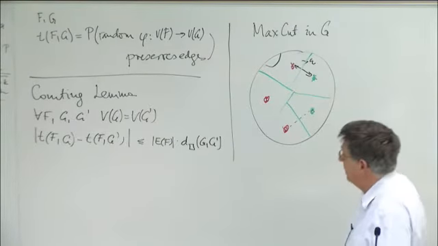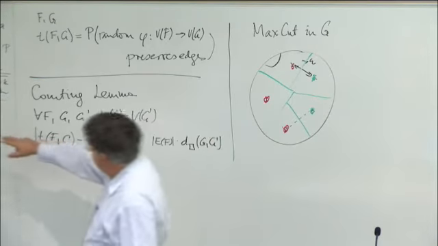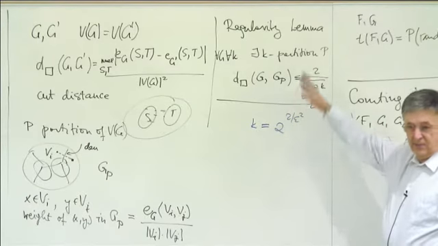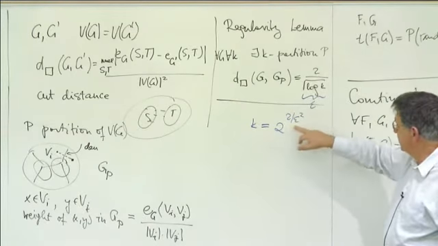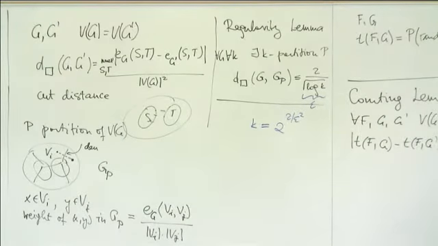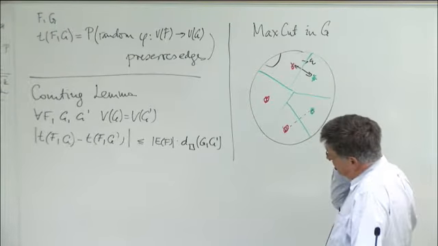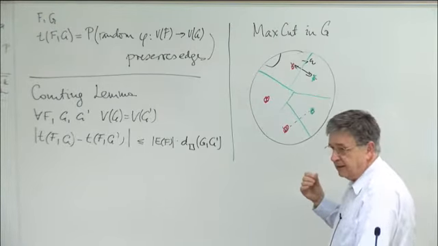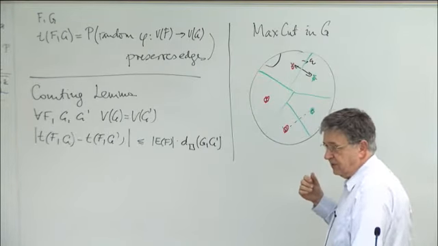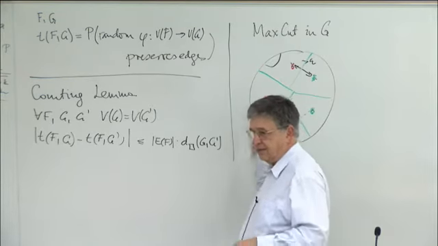Okay, so the question whether you really need here for some graph 2 to the 2 over epsilon squared, or maybe some polynomial in epsilon, it's some kind of dimensionality, because if you think about it, this is a metric space.